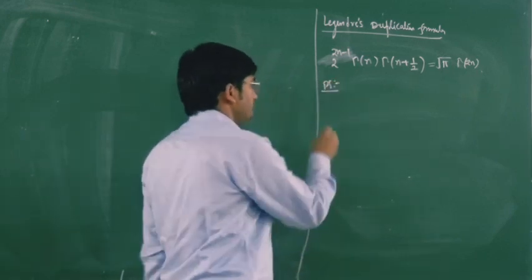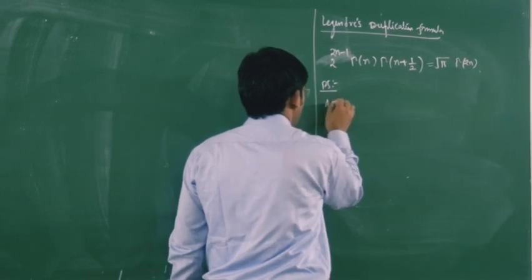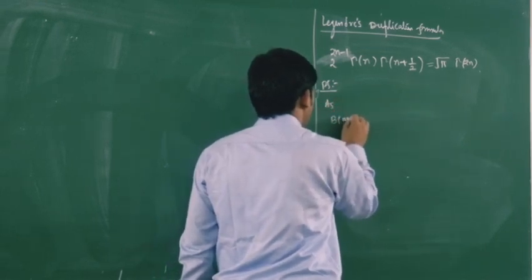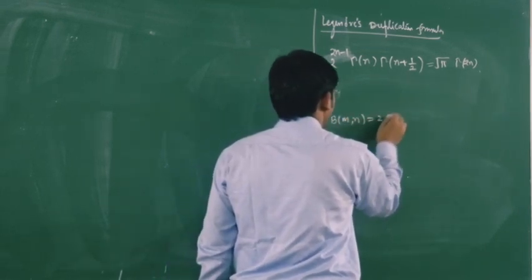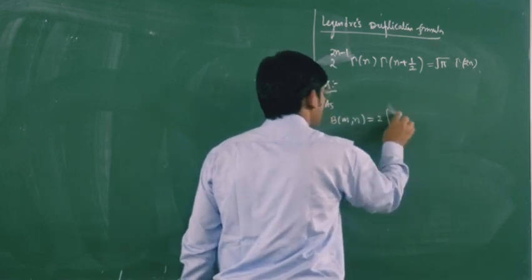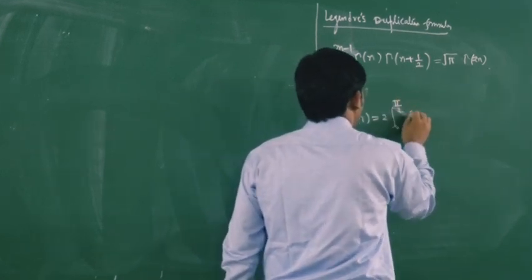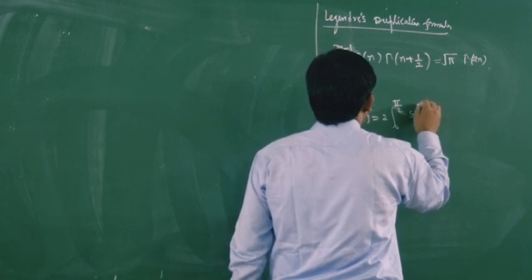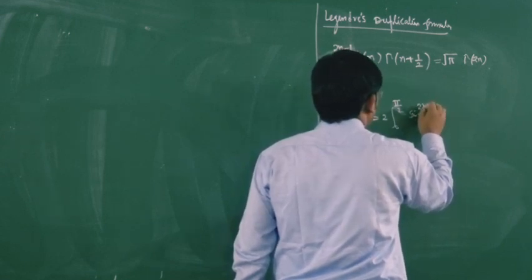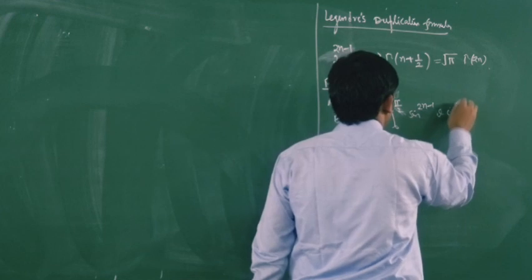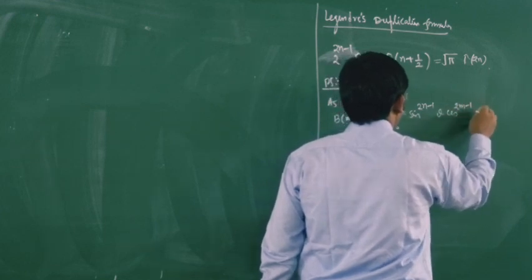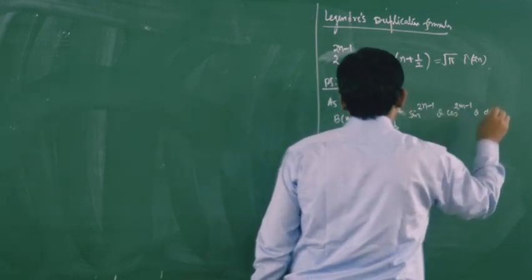we know that beta mn equal to 2 times integral 0 to pi by 2 sine power 2n minus 1 theta into cos 2m minus 1 theta d theta.